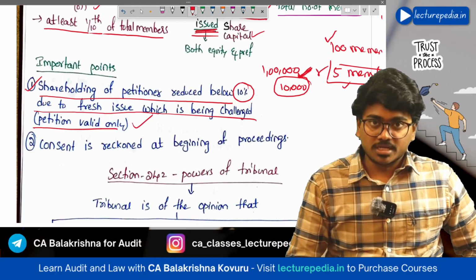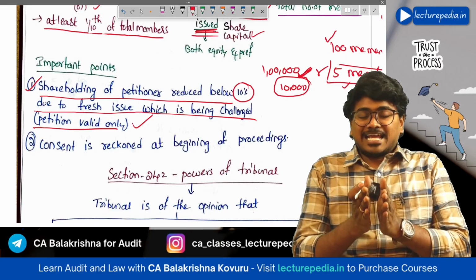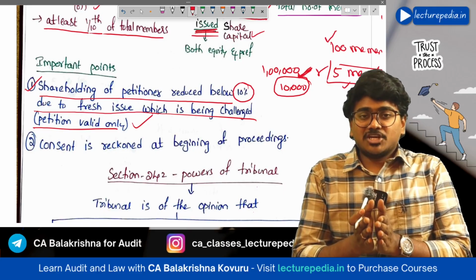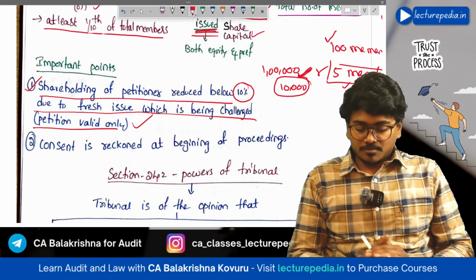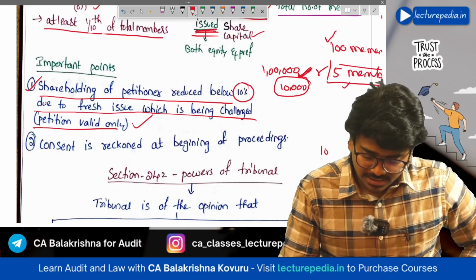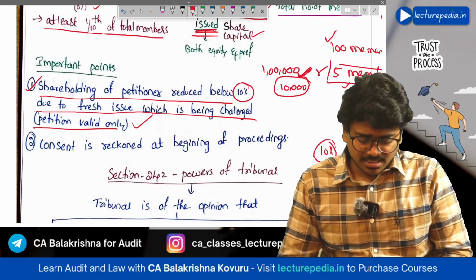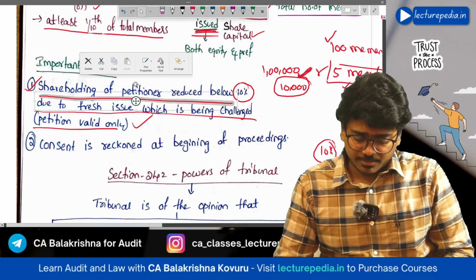The petition is valid only if, at the time of the application being made under section 241, the petitioner is holding 10% share capital. 10% share capital means 1/10 of the total share capital, right?